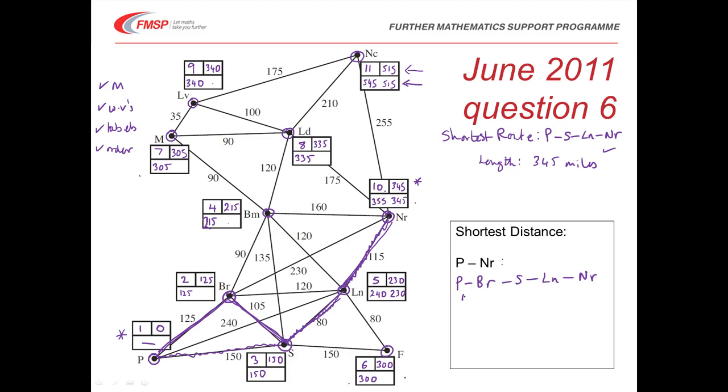So in total that gives me 125 for that section plus 105 for that section, which of course is longer than the 150 directly from P to S, although the other two sections remain unchanged.